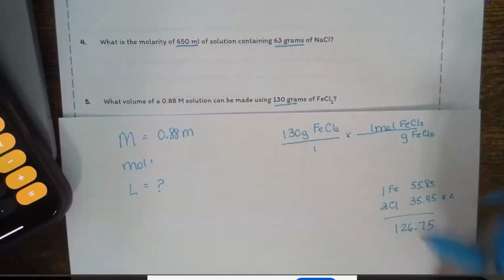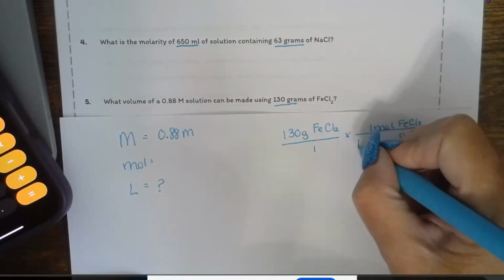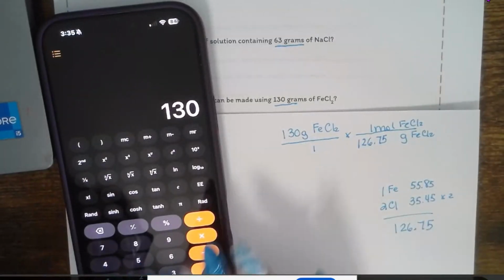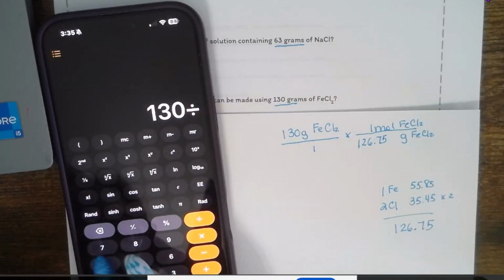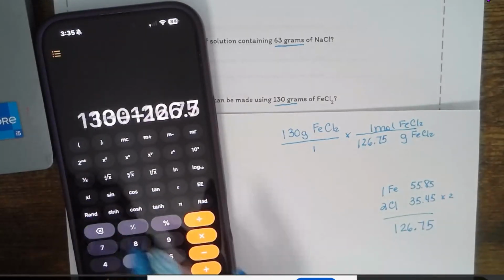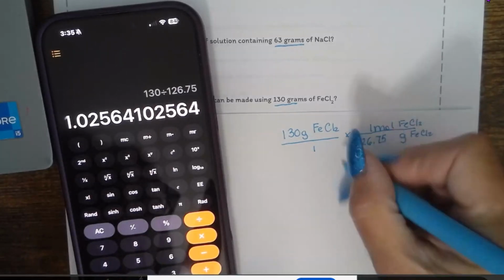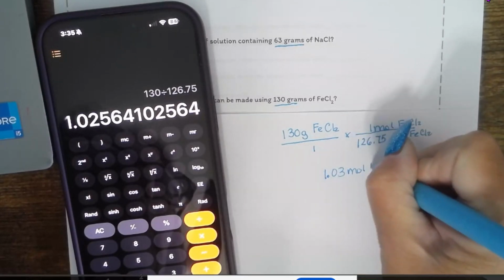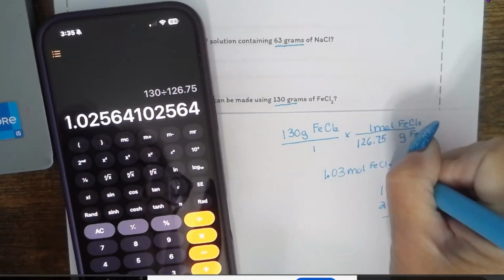Okay, so that's what I'm going to plug in here, 126.75. So now I'm just going to take 130 divided by 126.75, and that gives me 1.03 moles of FeCl2.